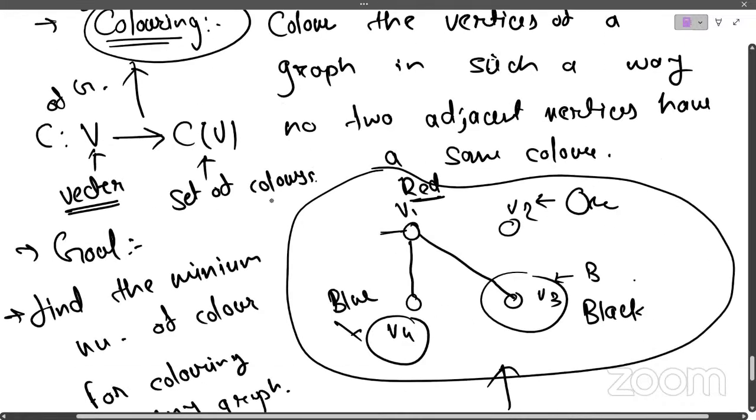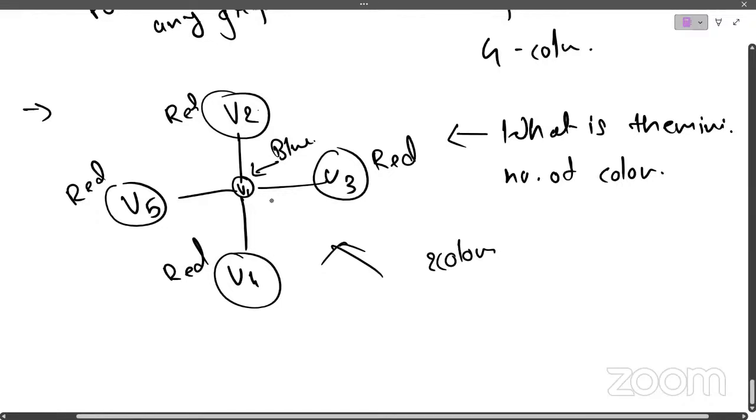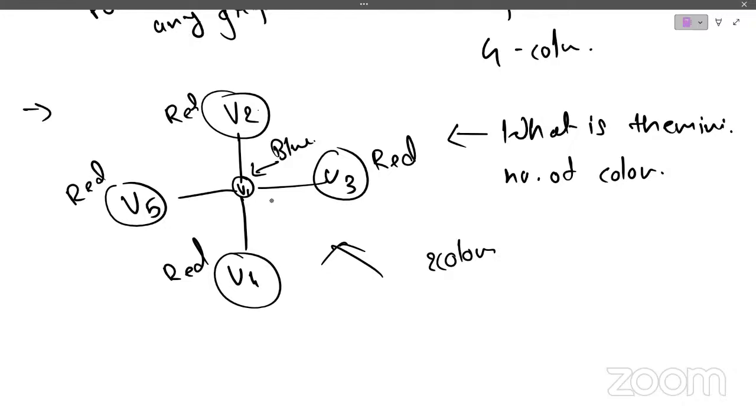For your purpose, we will just give you the picture of the graph itself, and you have to define the minimal possible coloring. We don't give the abstract notion of a set of vertices and set of edges. We just give you the picture, and from that picture you have to observe the minimum possible colors we can use to color this graph.